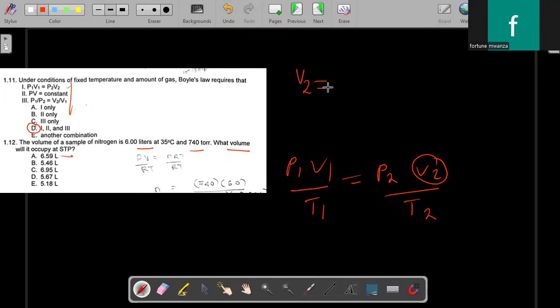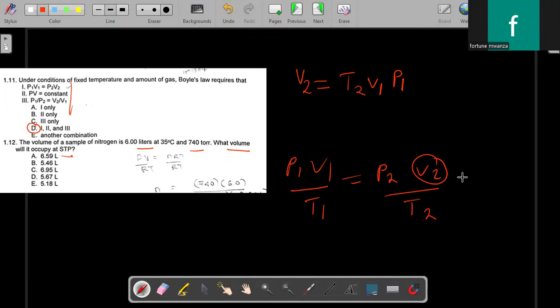My V2 is equal to T2 on top, since I've multiplied this side by T2, also V1 and P1 on top. Then below I have P2 times T1.